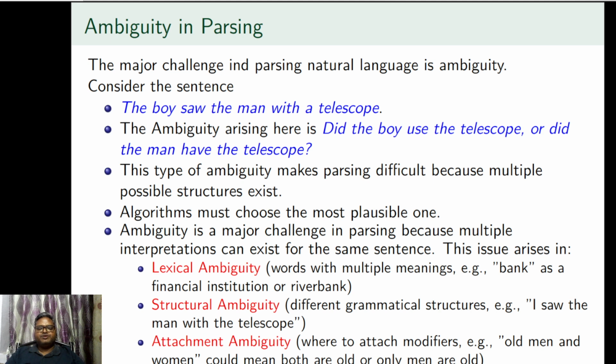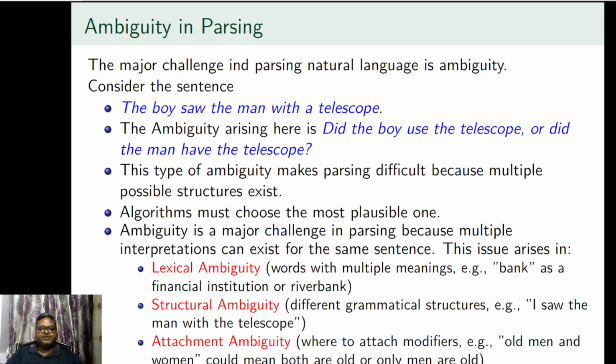Ambiguity may result because of lexical reasons. For example, every word will have different meanings. That's what we have seen in morphology. Bank, on one hand, means financial institution. On the other hand, it means the river bank. Light may be electrical light or lightweight baggage. So that is known as lexical ambiguity. Just now what we have seen is structural ambiguity.